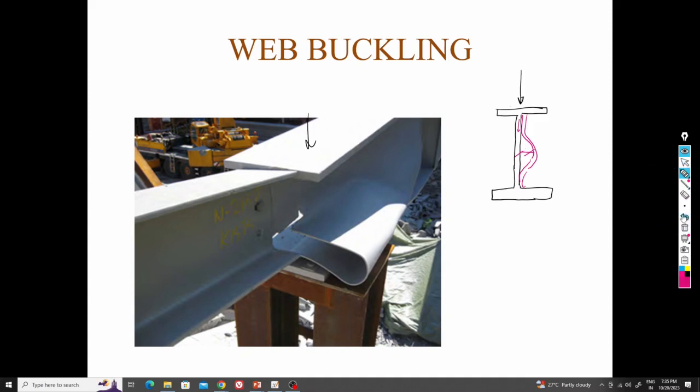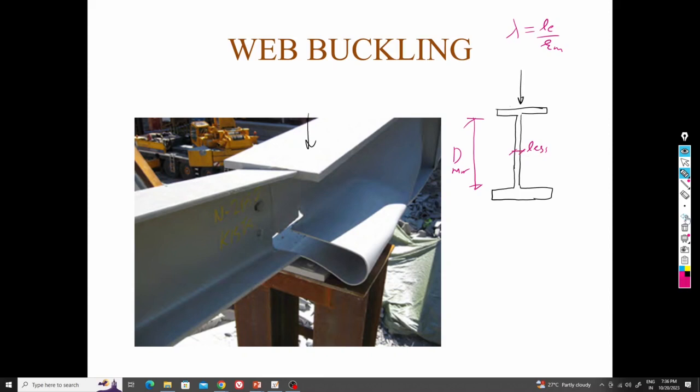What is the reason for this web buckling? Same as the column, whatever philosophy you are saying, the slenderness ratio is more, lambda equals L effective upon r minimum. Either this depth is very high, the D is more, or this thickness is less. Any reason, it may buckle. What can you do in this case to control the deflection, to control the buckling?